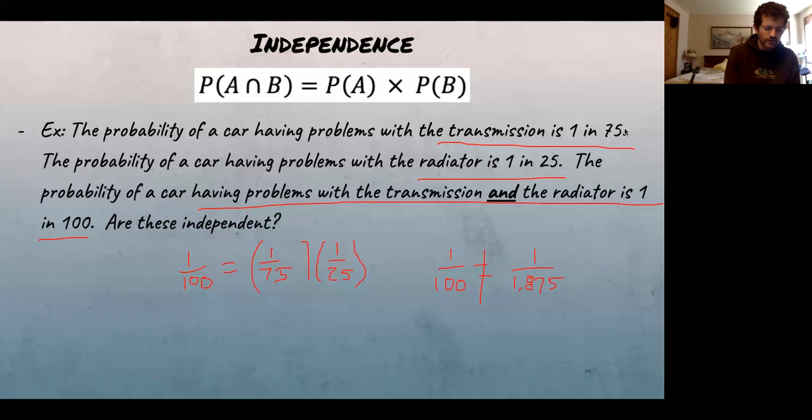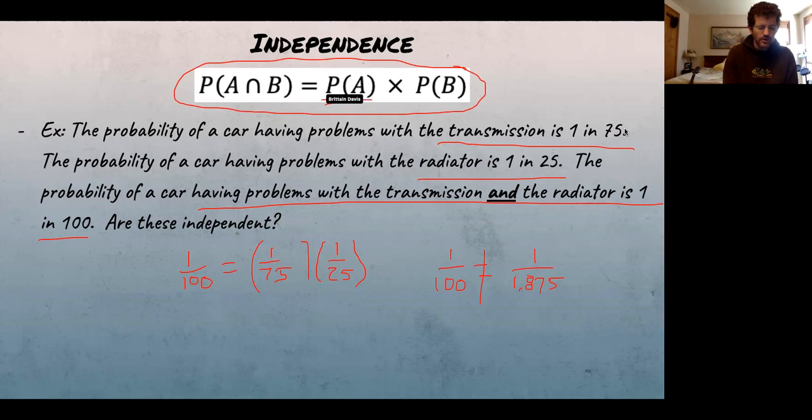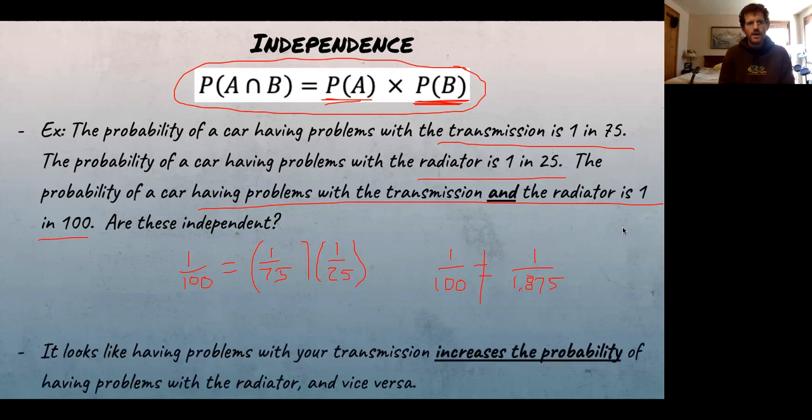This equation is only true if they are independent. Since it's not true, that means these two are not independent. So what does that mean in context? It means that if you have problems, for example, with your transmission, that increases the probability of having problems with your radiator, and vice versa.